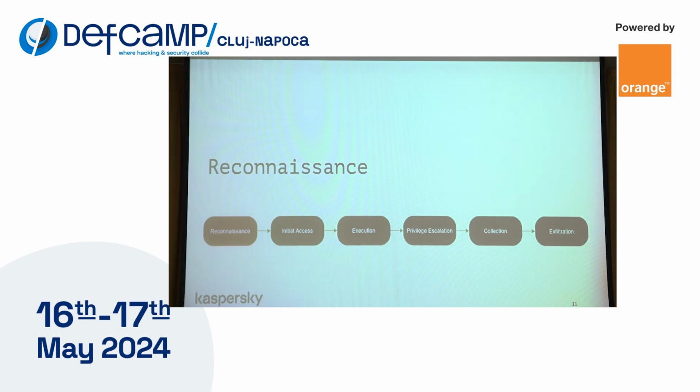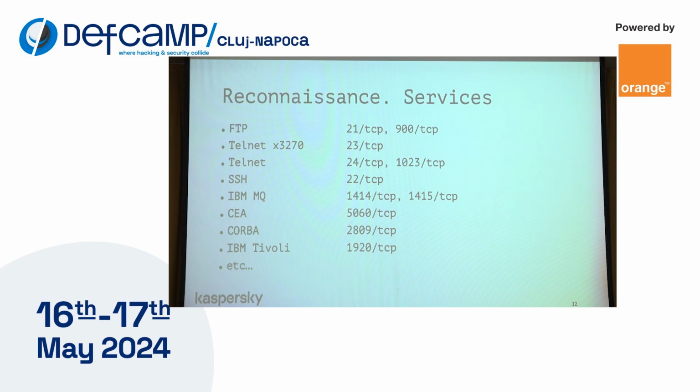In other words, how to understand what you are facing with a mainframe. The first sign may be an unusual set of TCP ports. Pay attention to unusual ports of FTP and Telnet. The second sign is the banners of such services.